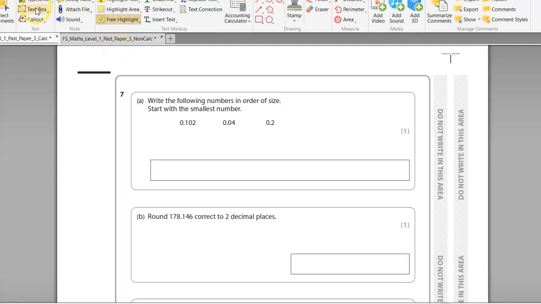So really to compare these numbers, as discussed in class, the easiest way to see how the numbers compare to each other is to line them up by the decimal points and then make them all the same length by filling in any gaps with zeros.